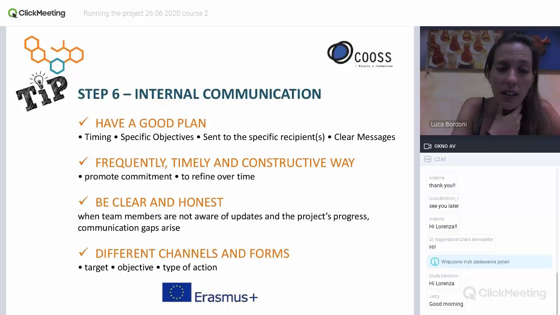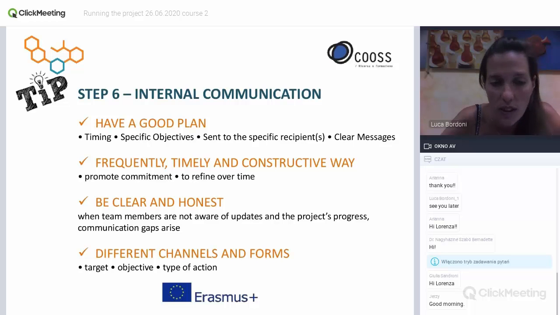With a good plan, I have to communicate in a frequent, timely, and constructive way. That means to promote commitment, but also to refine my plan over time, because not refining may create some gaps, for example. If something not foreseen happens, I have to refine time after time. I have to be clear.